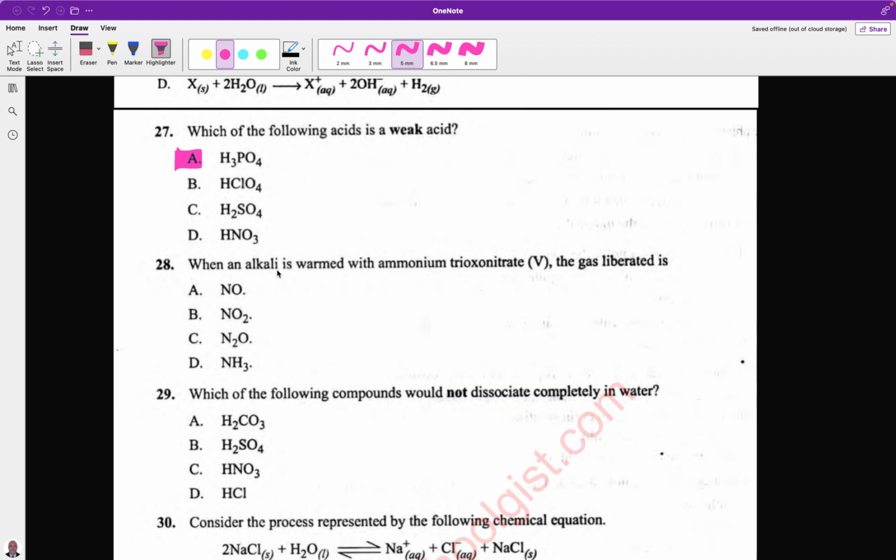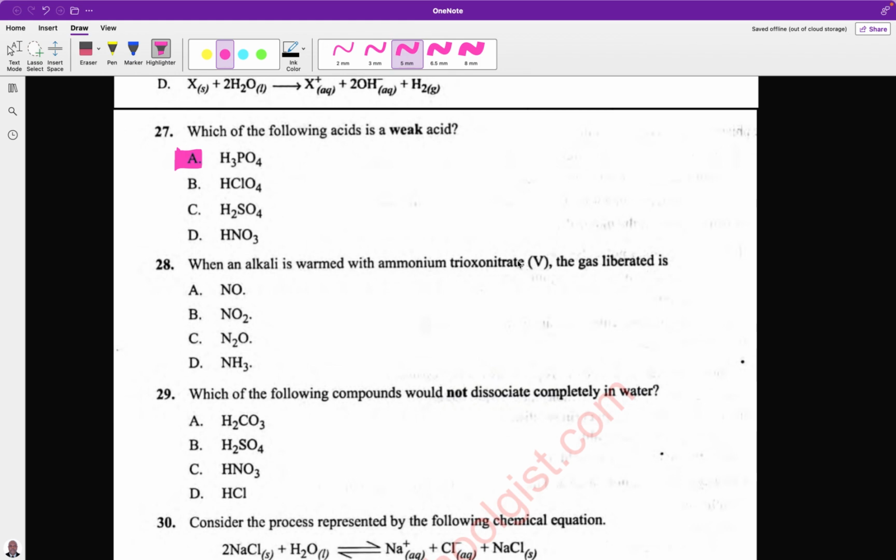When an alkali is warmed with ammonium trioxonitrate, if you do this in the lab, using a litmus paper, you will realize that the gas will turn the red litmus paper blue.